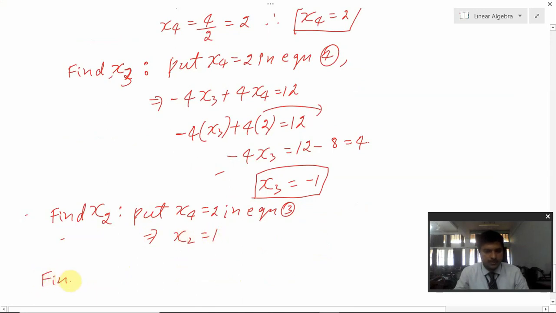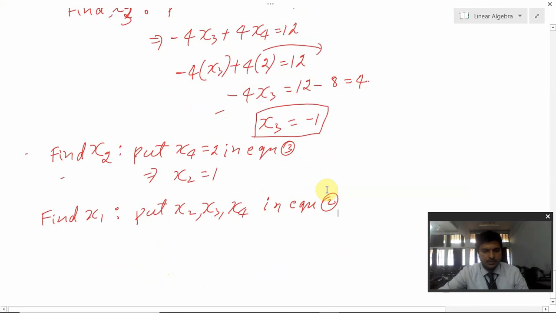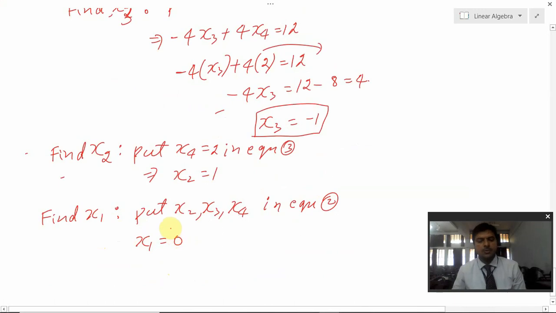Then find x1. So put x2, x3, x4 in equation 2. Then easily you can see, after you put all the values, x1 is equal to 0. So this is our Gauss elimination.